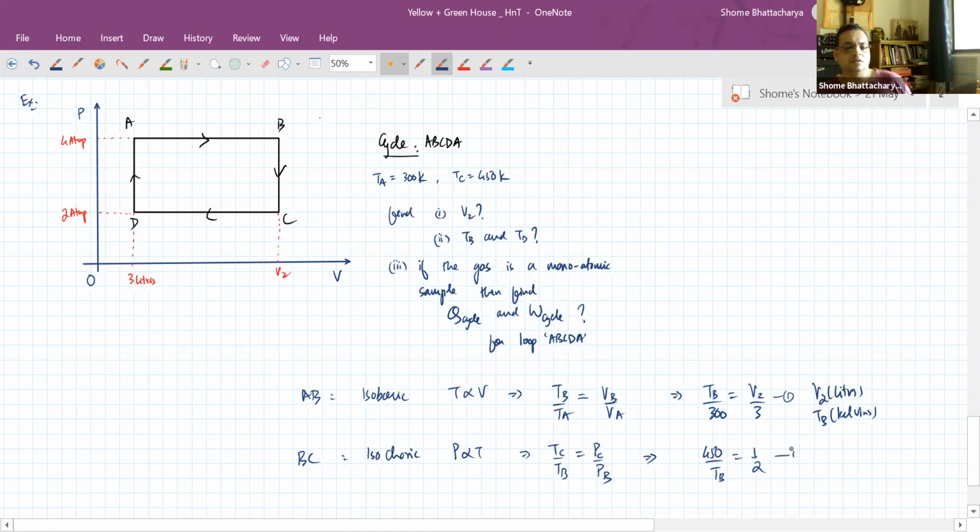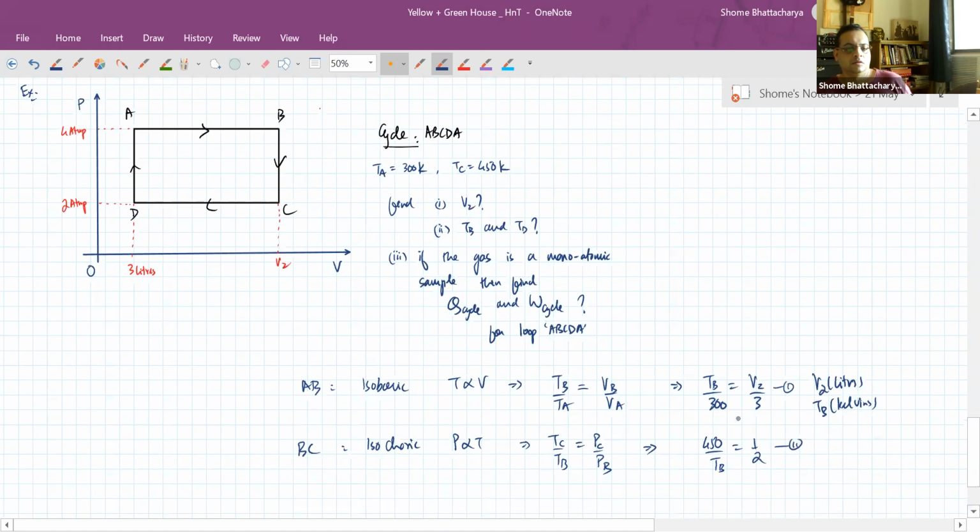So now if we just multiply the two equations, you can see here that that will give us V2.